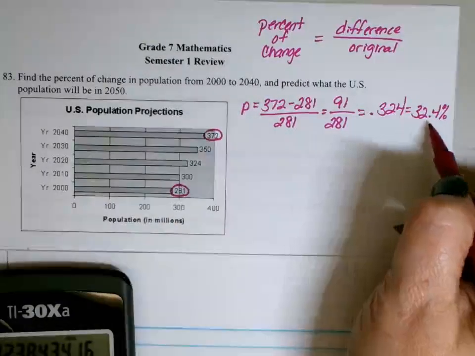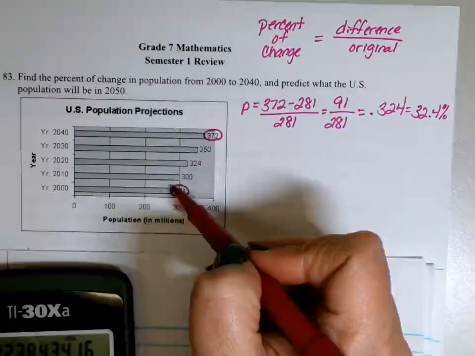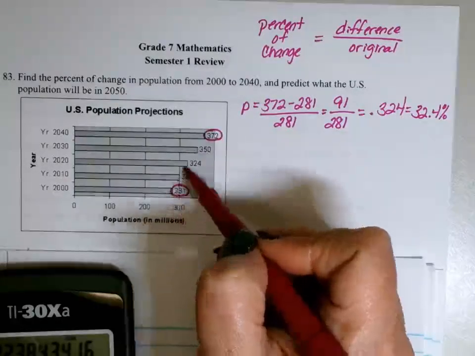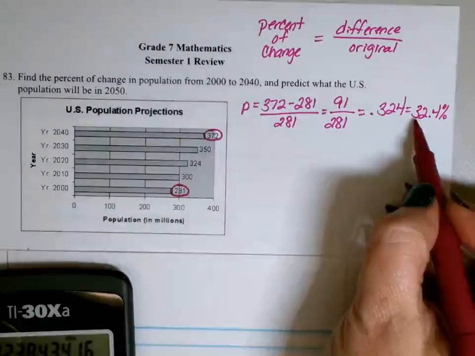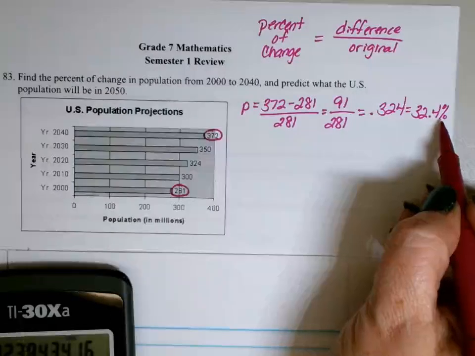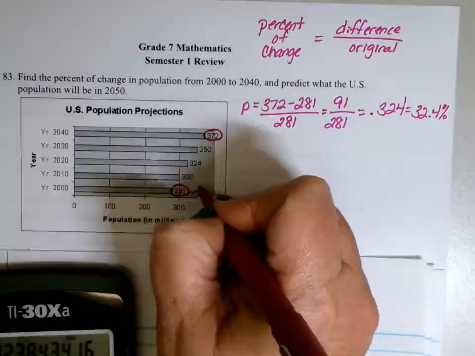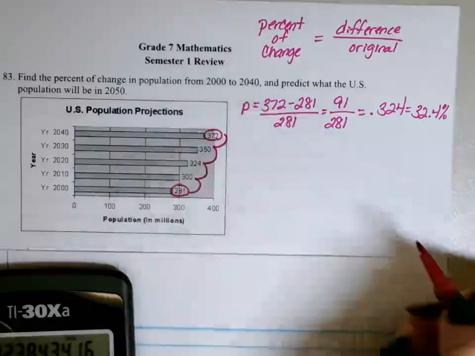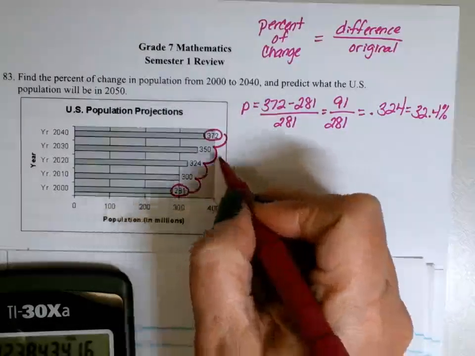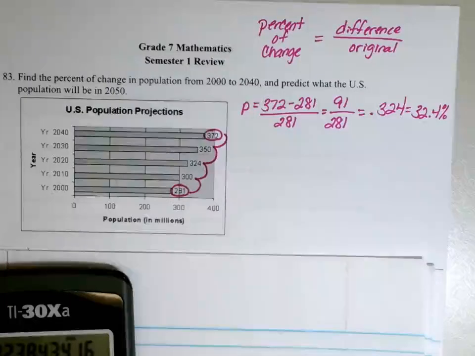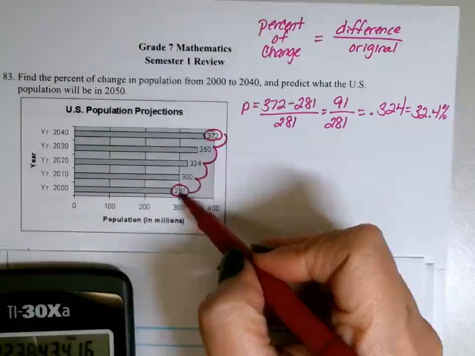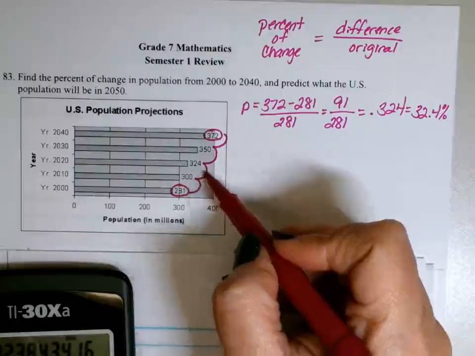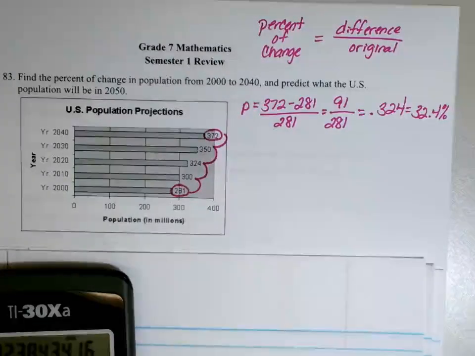So now if we look here, this is a pretty constant change, right? But this change was over 40 years. I have 1, 2, 3, 4 jumps. So how much did it change each time? If it was a 32% change from here to here, how much of a change was it for each one?